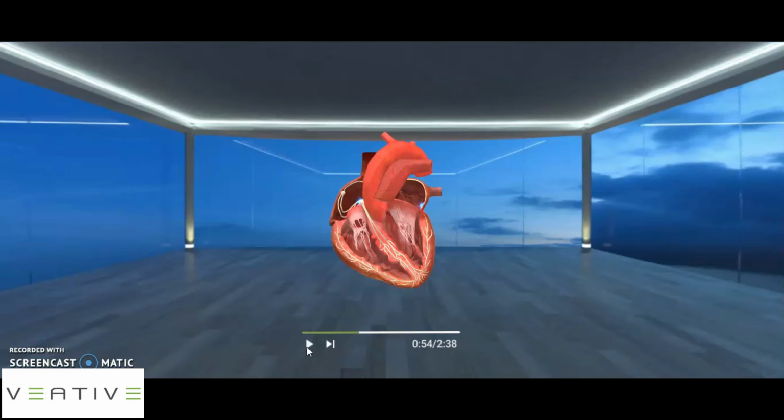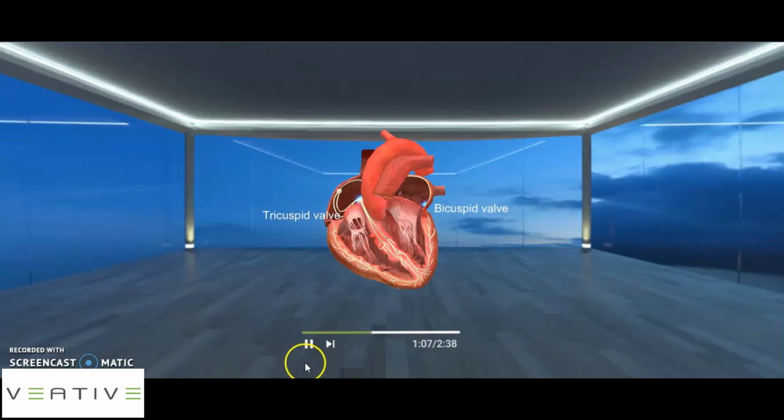These impulses cause both atria to contract, and this condition is called atrial systole. So both atria will contract. The contraction of both atria causes the opening of the atrioventricular valves, which are the tricuspid and bicuspid valves.